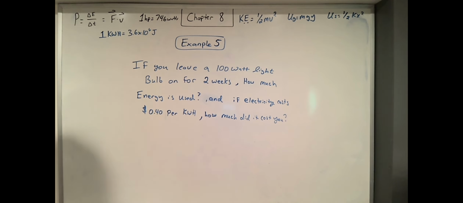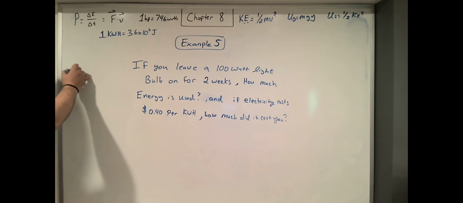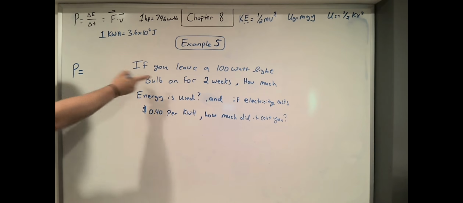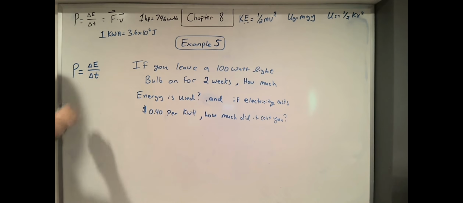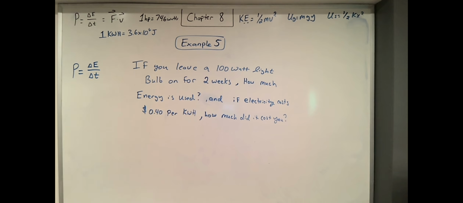Okay. So for these ones, it is giving us the power. It's a 100-watt light bulb. And then it gave us 2 weeks, a time frame. So again, I want to use the power, change in energy over change in time.